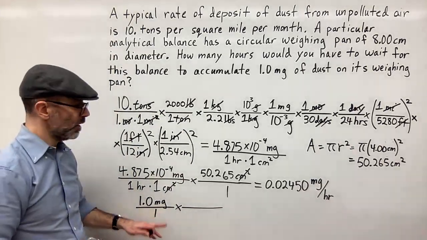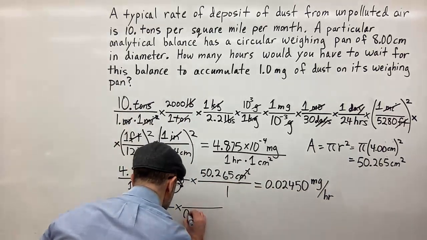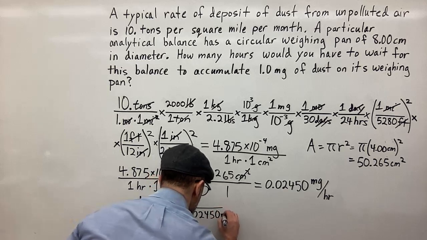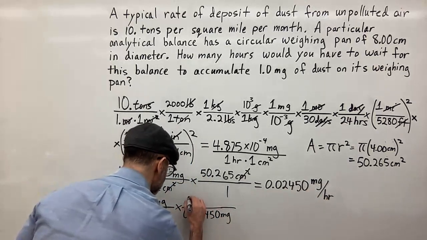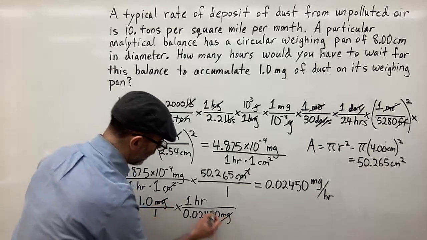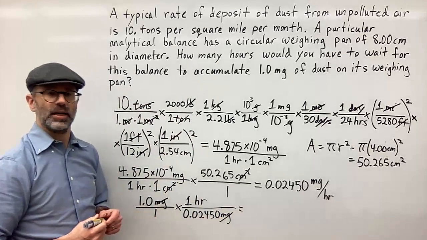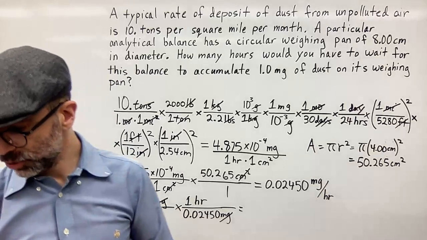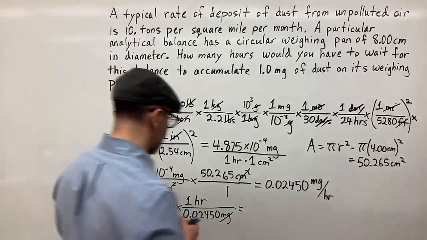Milligrams is on the top, so I'm going to put 0.02450 milligrams on the bottom, and 1 hour on top. So milligrams cancels out. I have hours. So now all I need to do is calculate the number of hours. So I take 1.0 divided by this, and when I do that, I get 40.80 hours.